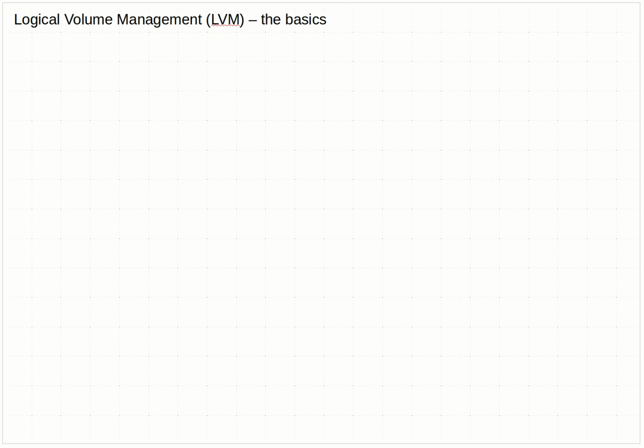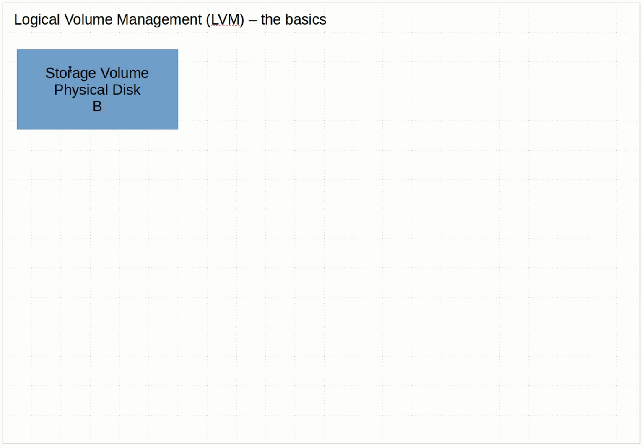Well, all storage solutions start with a physical device, something you can buy in the store. We call that a storage volume, or a physical disk, or block device is also a term you see related to this device.